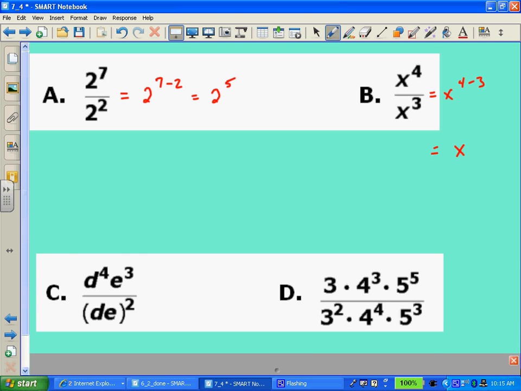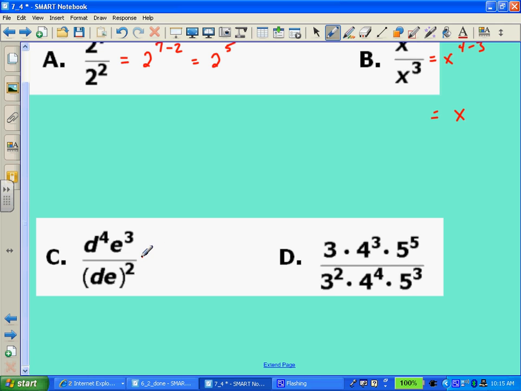A little more complicated here. If I have something like this, the first thing I want to do is simplify the bottom using my properties of multiplication that we learned in 7-3. So this is on the bottom, d squared e squared. Now I just want to look at these individually.